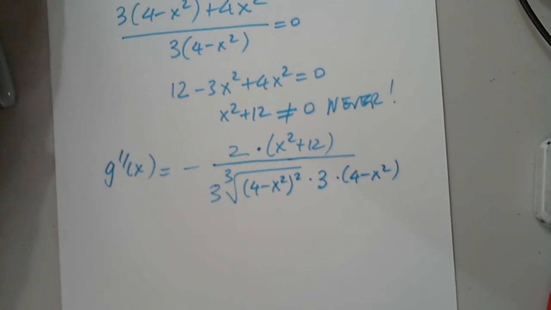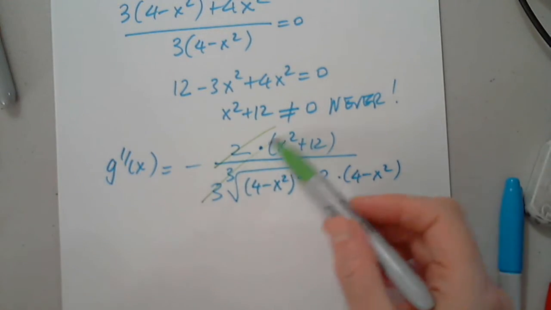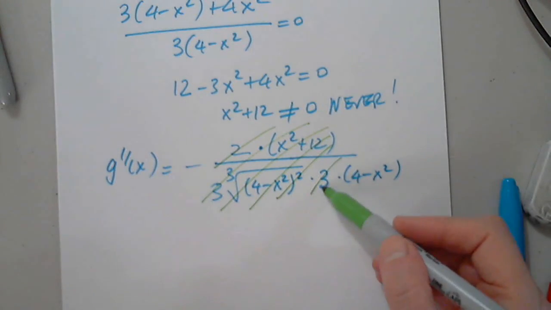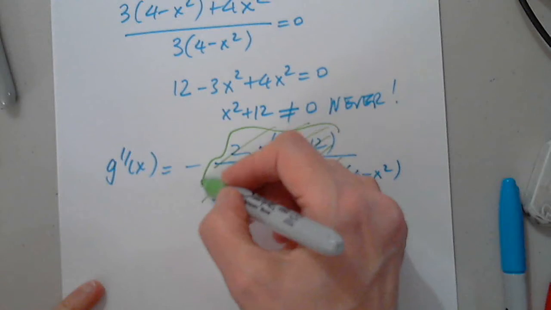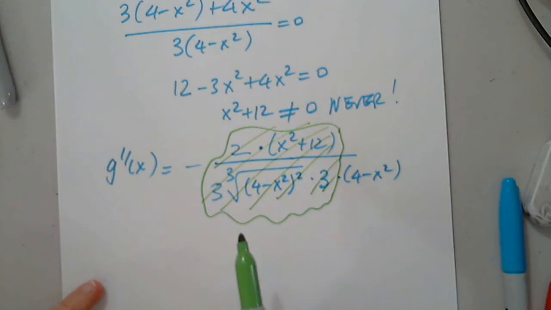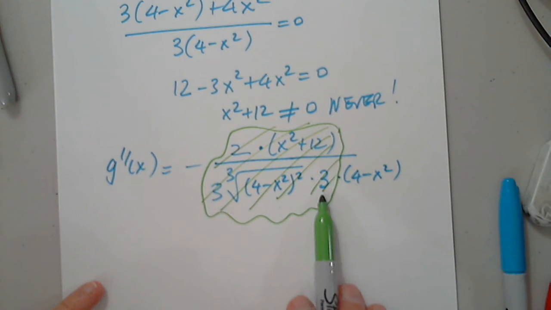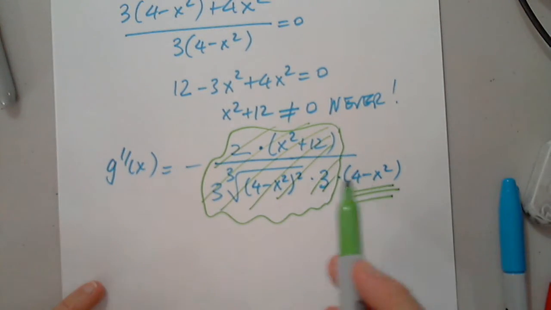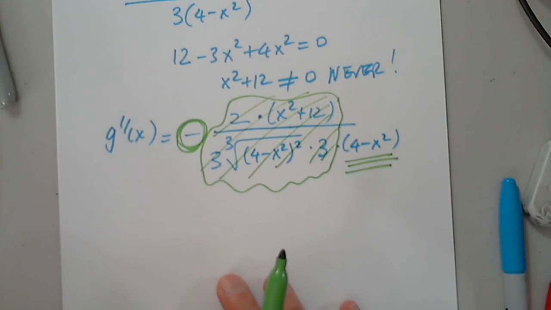Okay. One thing is for certain, that these are always positive. Don't erase them, you know what I mean. So there is no need to study the sign of this piece. Always positive. This and this will give the sign of the second derivative.